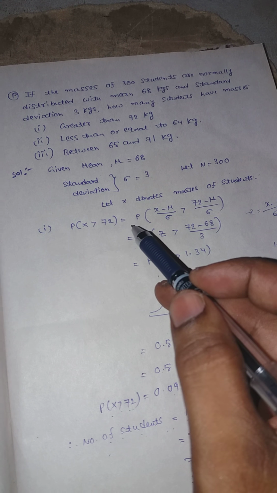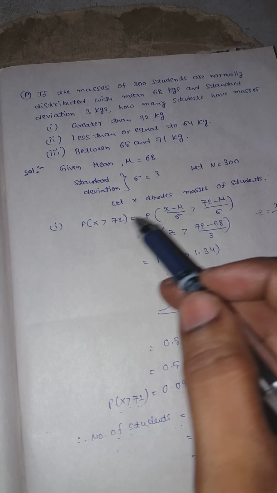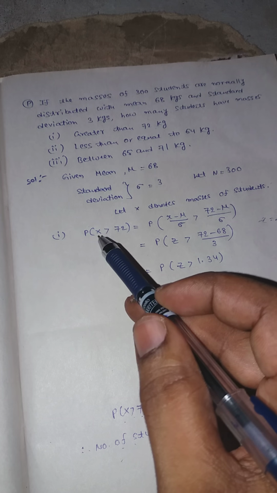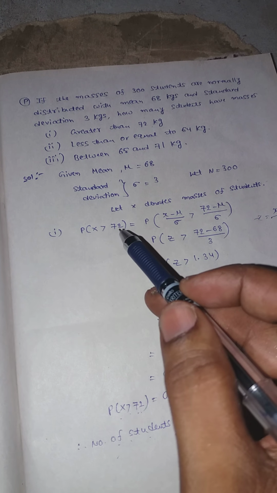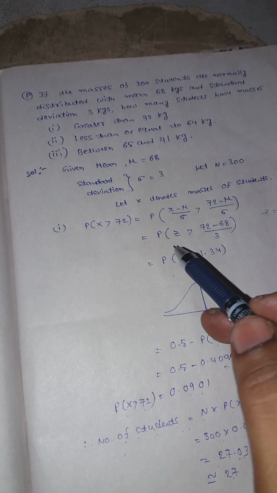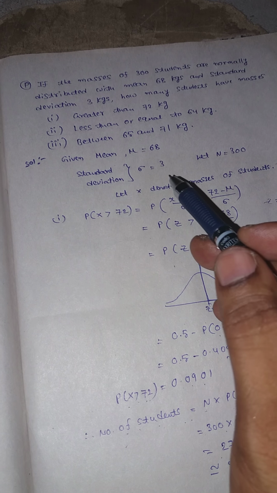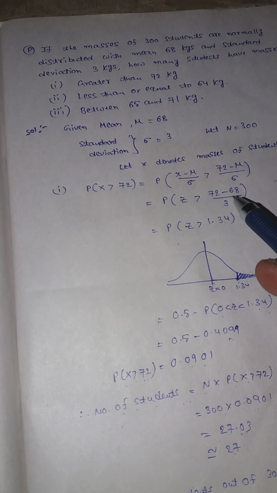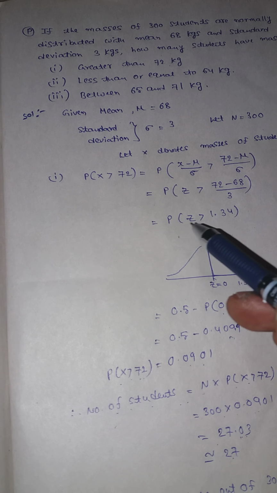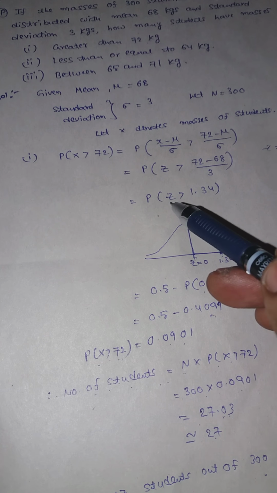Applying the same changes on the other side, we get 72 minus mu by sigma. So we write Z greater than, replacing mu by 68 and sigma by 3: 72 minus 68 by 3 gives 1.34. So we have P of Z greater than 1.34, which is related to standard normal distribution. Z is called the standard normal variate.